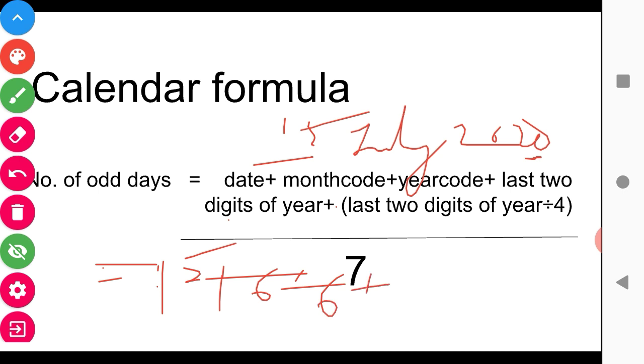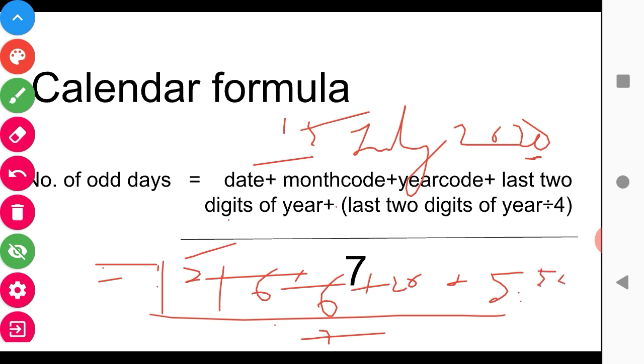The last 2 digits are 20, and the last 2 digits divided by 4, 20 divided by 4, is 5. The whole thing is divided by 7. 15 plus 6 is 21, 21 plus 6 is 27, 27 plus 25 is 52. Here we are getting 52 divided by 7. For this 52 divided by 7, the remainder will give the total number of odd days.